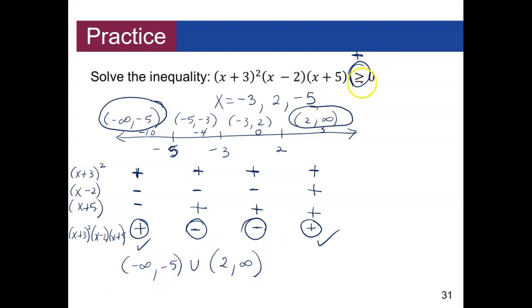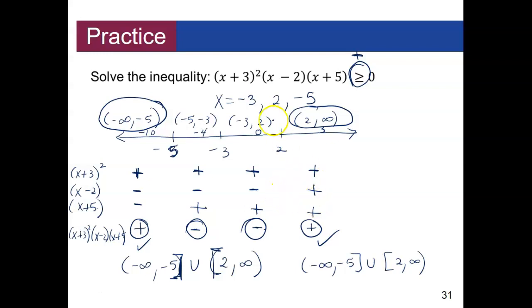I look back and this does include the inequality. It does include that to be equal. So I'm going to switch these to brackets to account for that. And that's going to be my answer. I'm going to rewrite it a little neater here. Okay, so our final answer is going to be negative infinity to -5, union that with 2 to infinity.